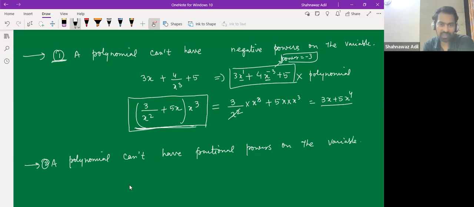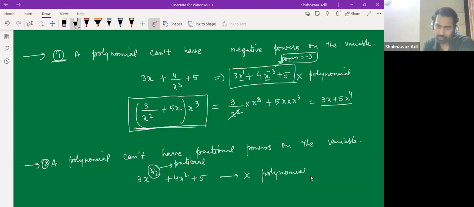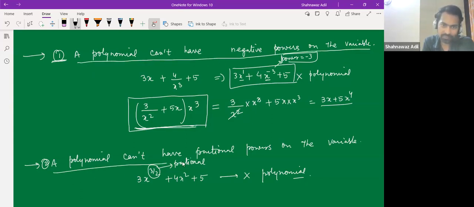If we have something like 3x to the power 3 by 2 plus 4x squared plus 5, we can see that this is a fractional power, which means that this is not a polynomial. So polynomials are defined by the number of terms, and these are the two important conditions of a polynomial.